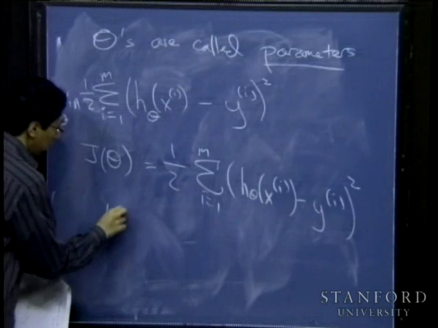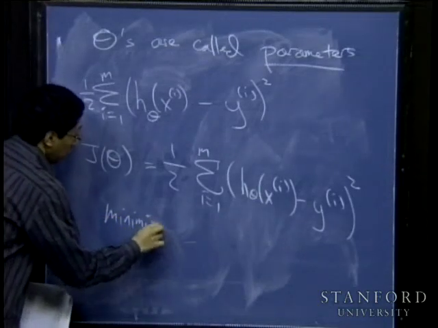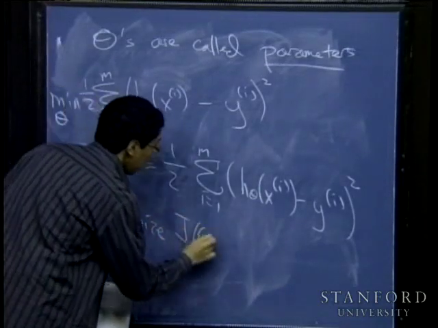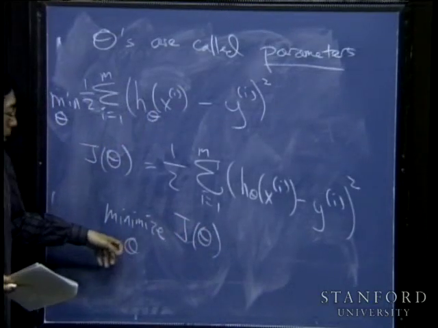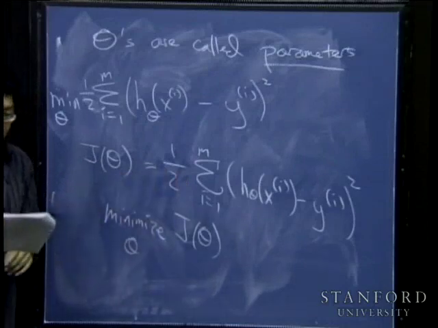And so what we'll do is minimize as a function of the parameters theta this quantity J of theta.